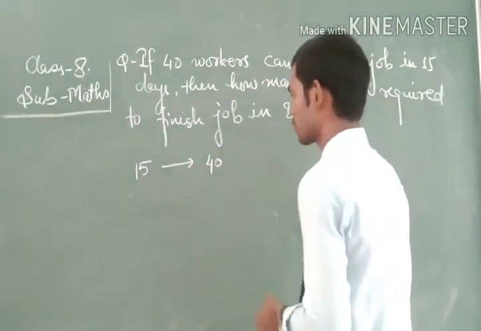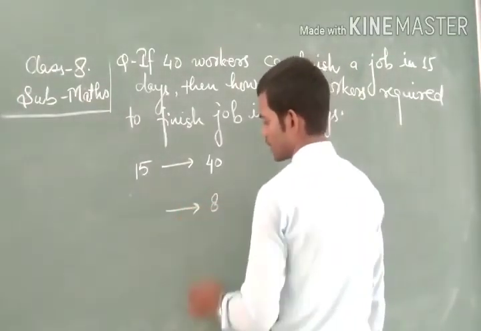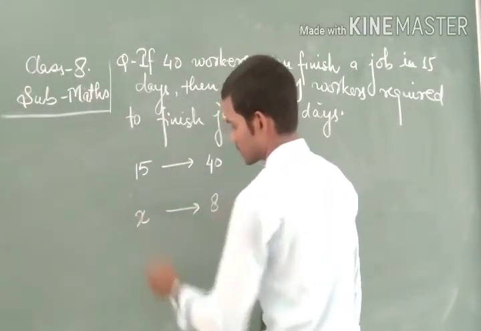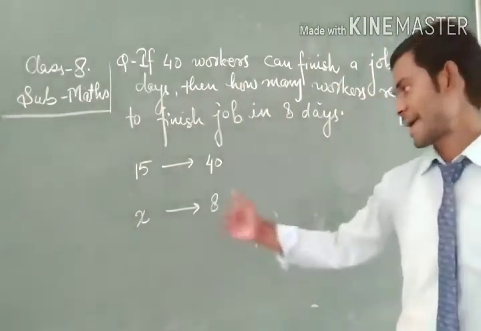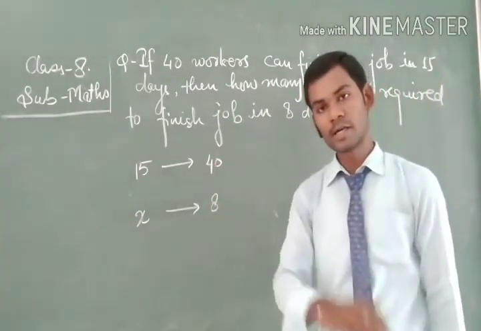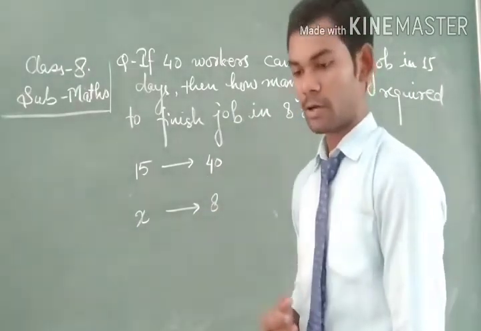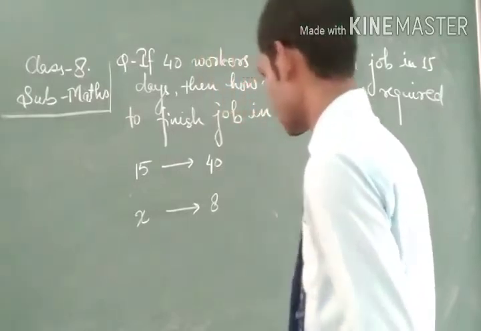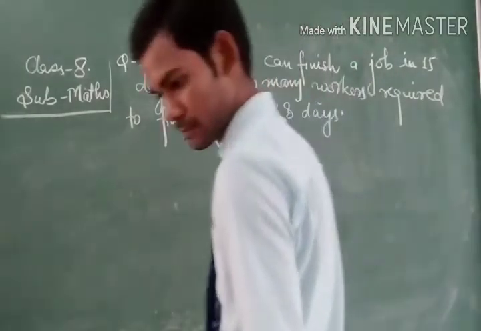Then how many workers are needed to finish the job in 8 days? So let us consider this is X. So X workers are needed to complete the job in 8 days. So now let us see the solution of the question.